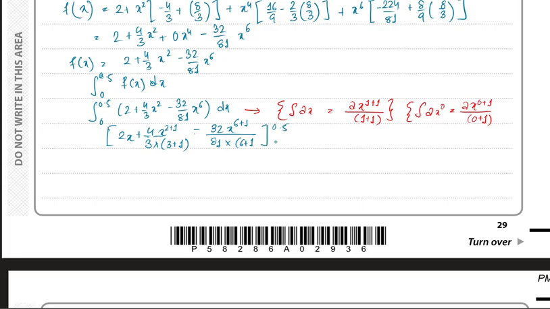And because we have limits, we don't need to write a k at the end of the integration.